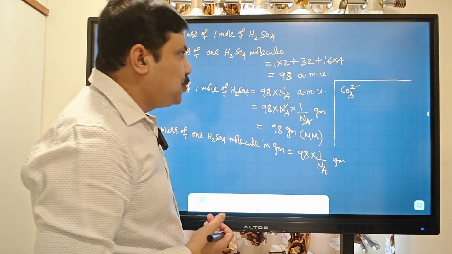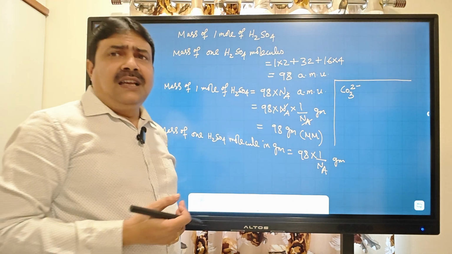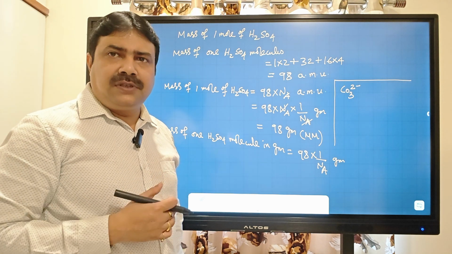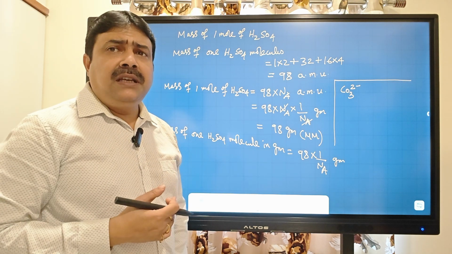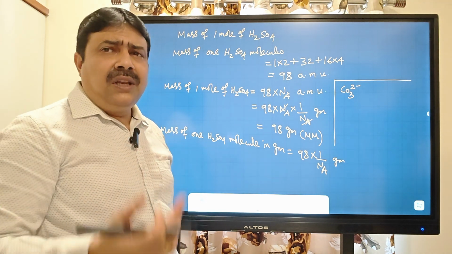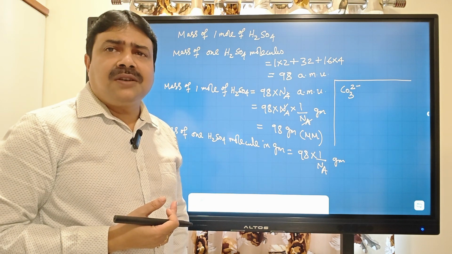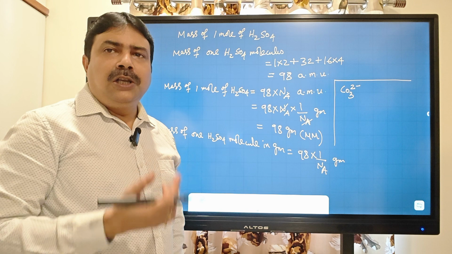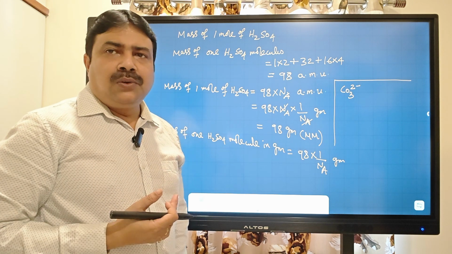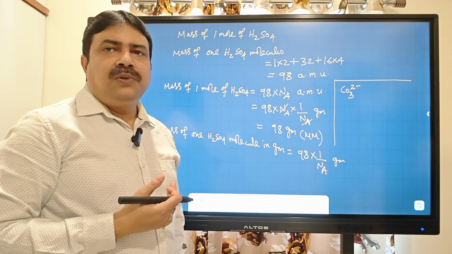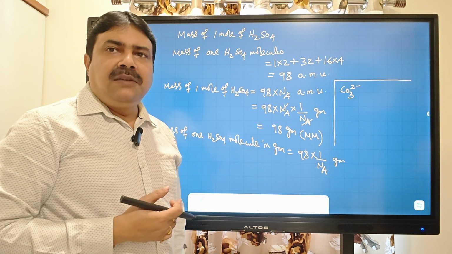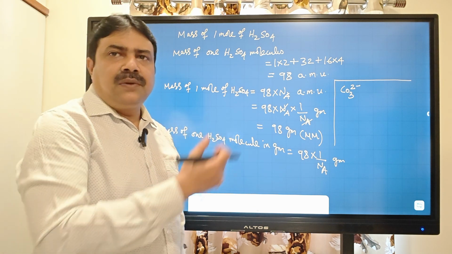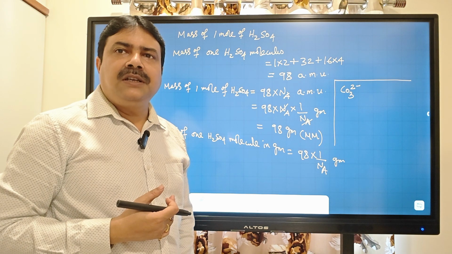Now CO3 2 minus represents 2 extra electrons. If it is plus, that many electrons are deficient. If it is minus, that many electrons are extra. Anyhow, electrons do not contribute to the mass of the overall substance, because the mass of an atom, molecule or ion is always contributed by the neutrons and protons present, which contribute to the overall mass of that atom.